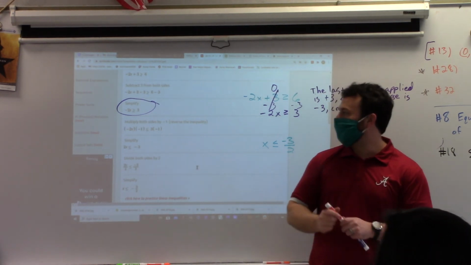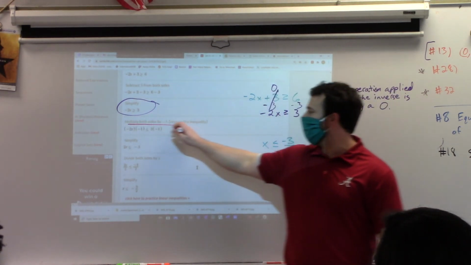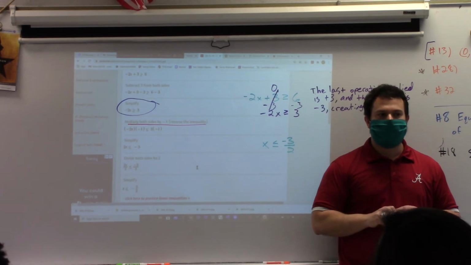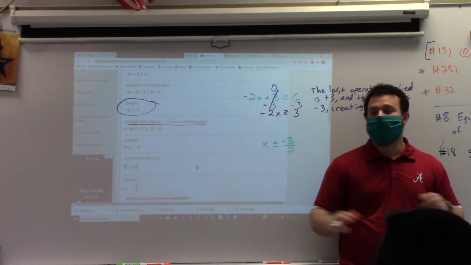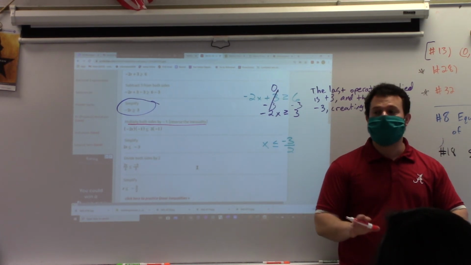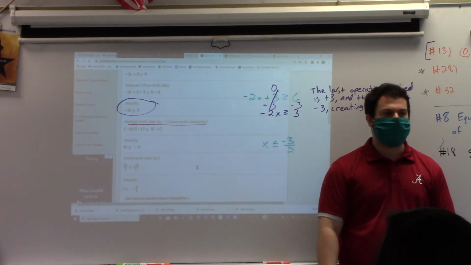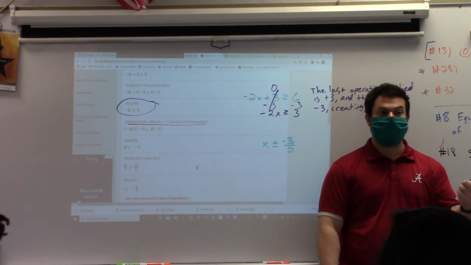If we multiply both sides by -1, will that reverse the inequality? Yes. Why? Because you're multiplying by a negative. Now, I'm not saying that's what I would do, but that's what they said. What would you do? Work it out how Mr. King taught us.